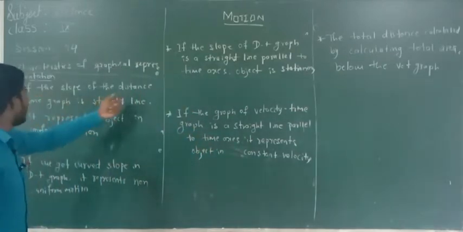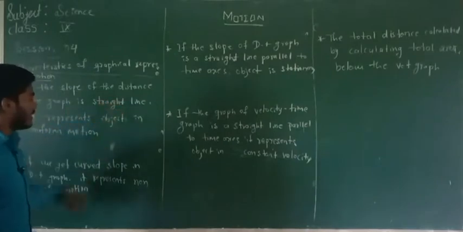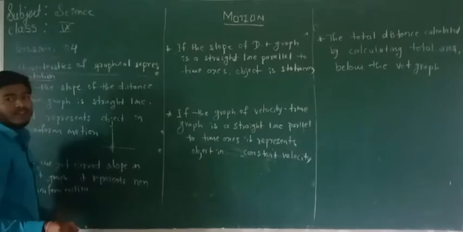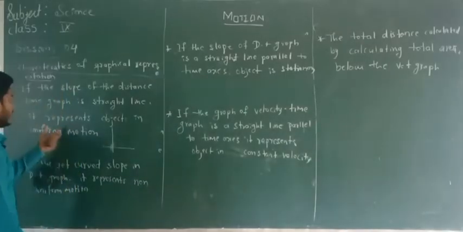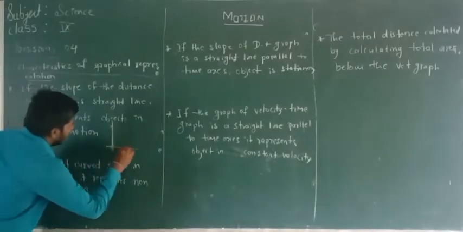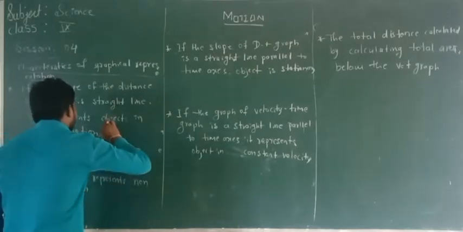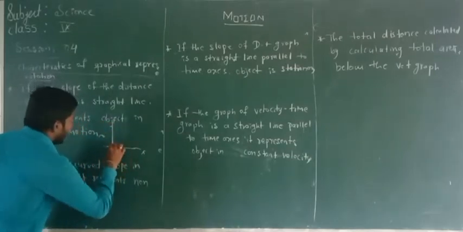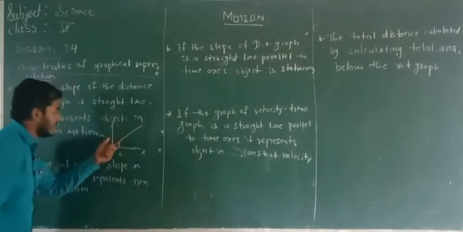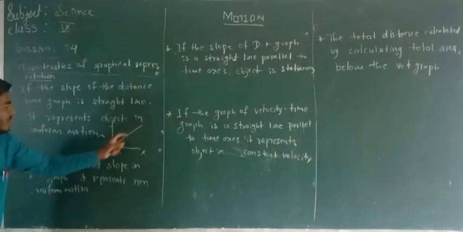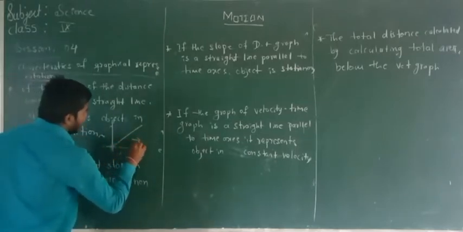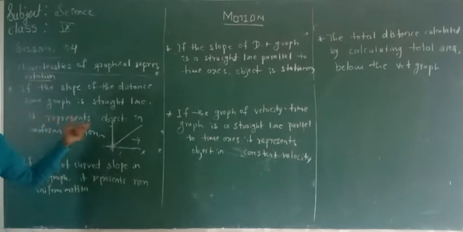This is the y-axis, this is the x-axis, this is distance, this is time. If the slope of the distance time graph is a straight line, it represents an object in uniform motion.